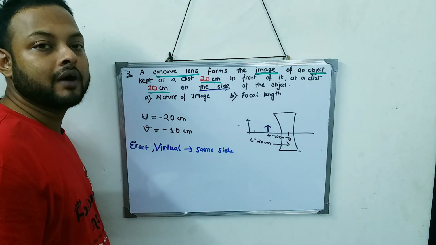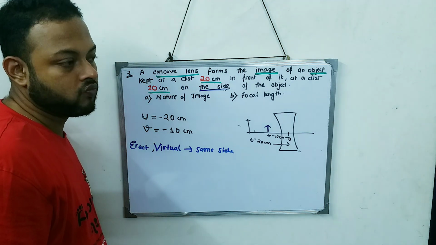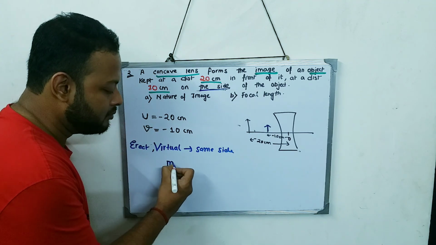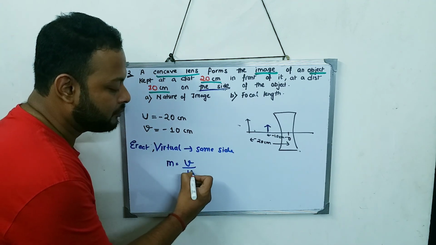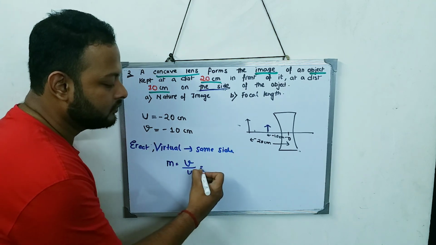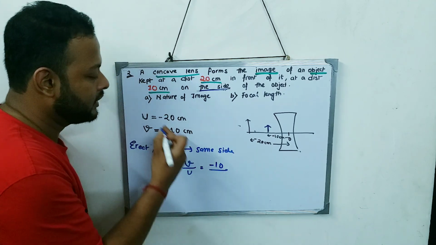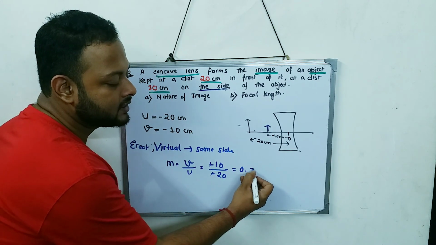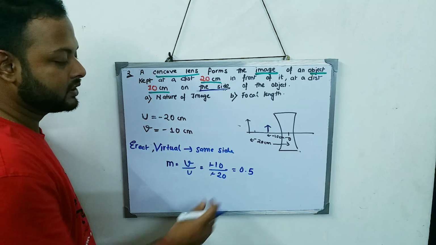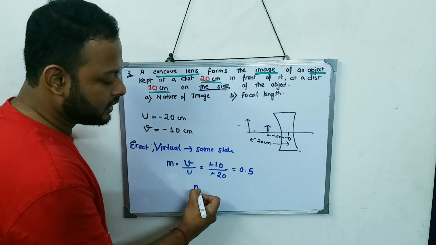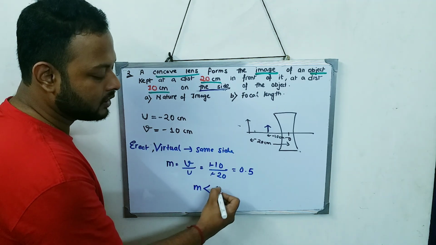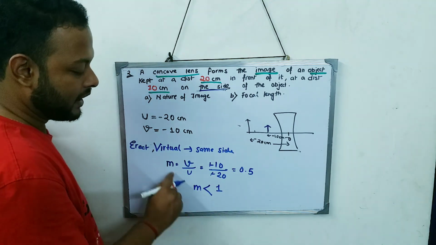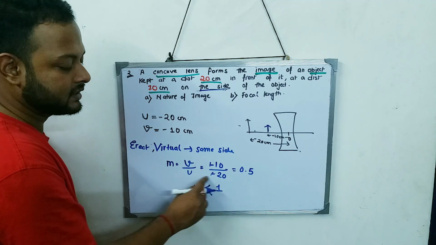Now I come to the part whether it is magnified or diminished. For that I have to use this formula, m is equal to v by u. V is minus 10 and u is minus 20. If I solve it, I get my answer as 0.5. So the m value is 0.5, which is less than 1.